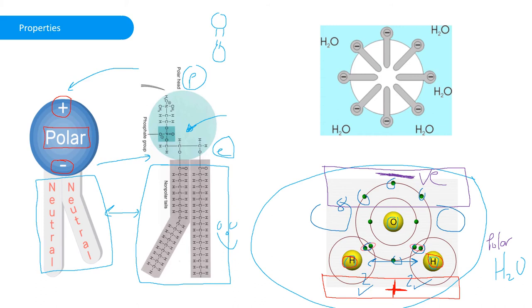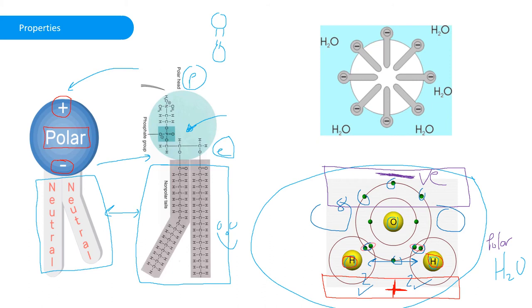So what function does that have? Well, polar molecules like to interact. So when we say that the phosphate head of a phospholipid is hydrophilic, I'll repeat that because I stuttered myself. We said that the head of a phospholipid is hydrophilic and the tails are hydrophobic.